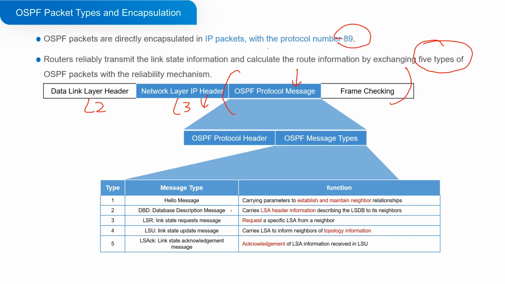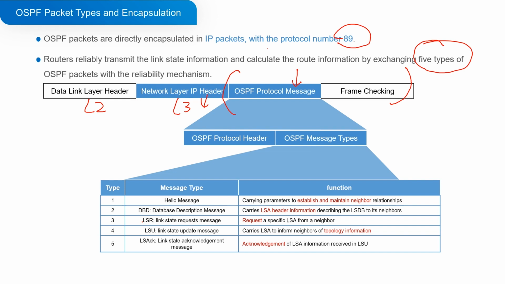And after we exchange the DBD information, we have to exchange the LSR, because the router has the DBD information, and then the router will find which information or which LSA it doesn't have. When the router finds the problem, the router will send the LSR.